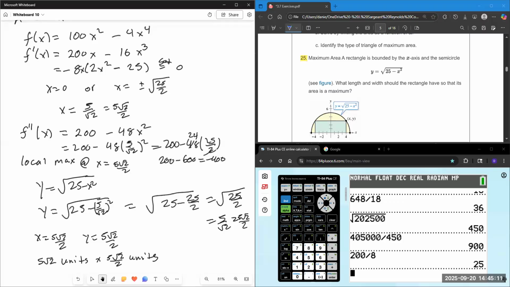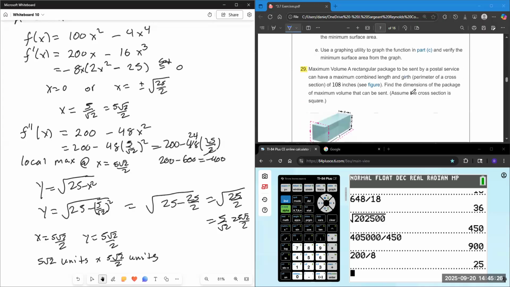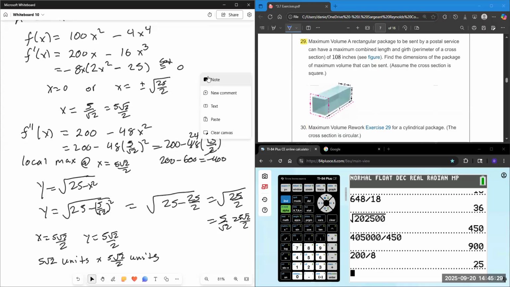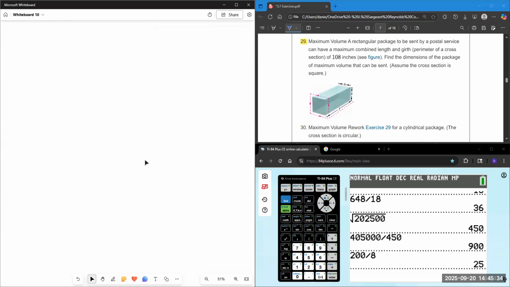All right. Let's go ahead and look at number 29. And we need to add the length and the girth here, where we have a square base, I'll call it here.